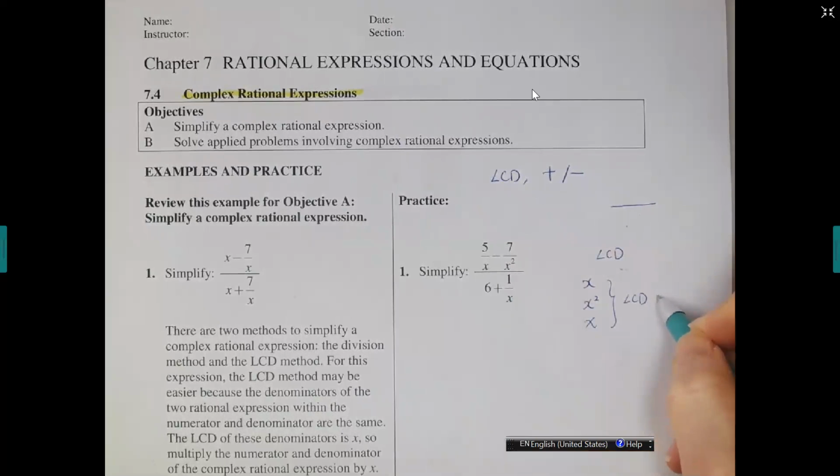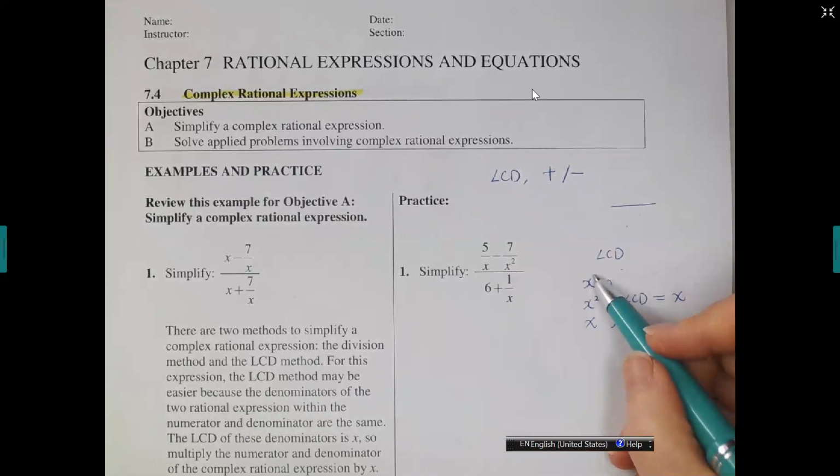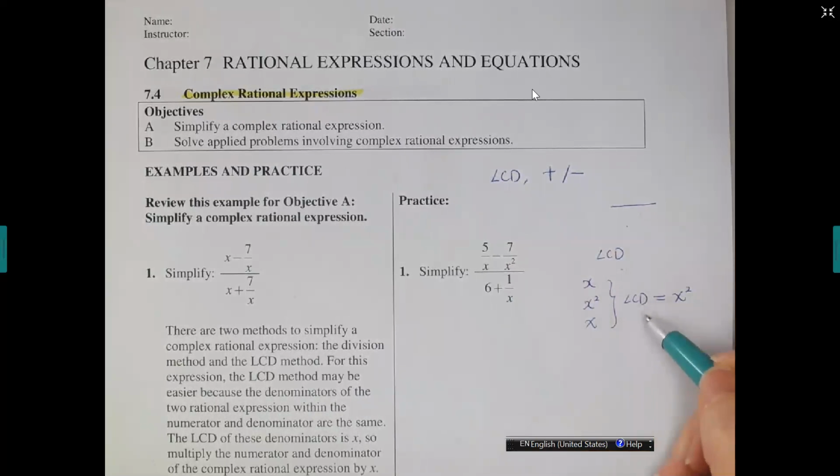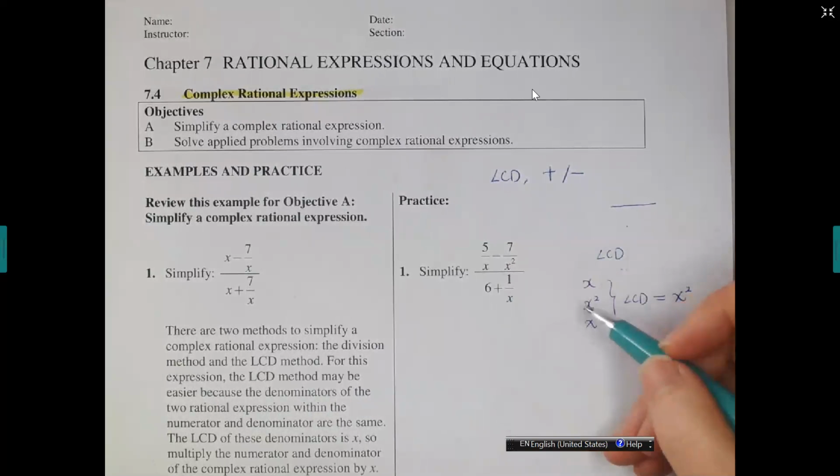So their least common variable will be the variable x with the maximum exponent. This one is 1, this 2, this 1. So the maximum is 2. So x squared is the least common multiple. Okay, so having this in our mind or work this on the scrap paper.